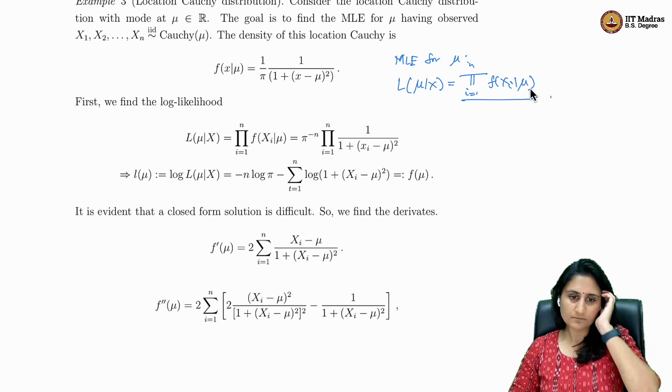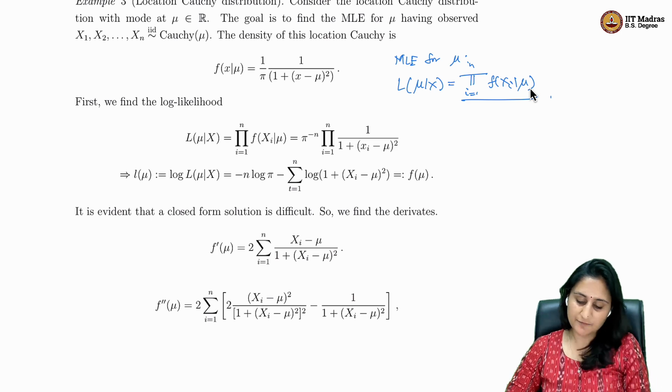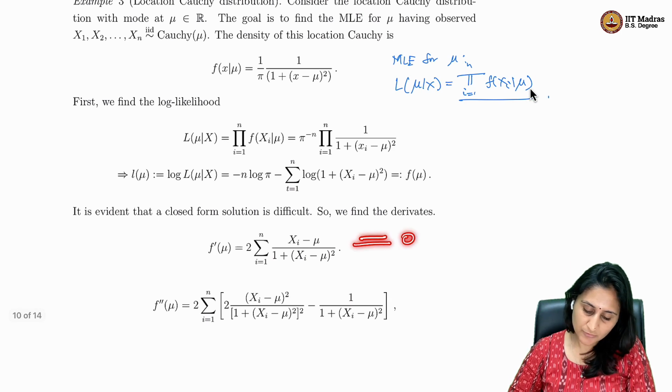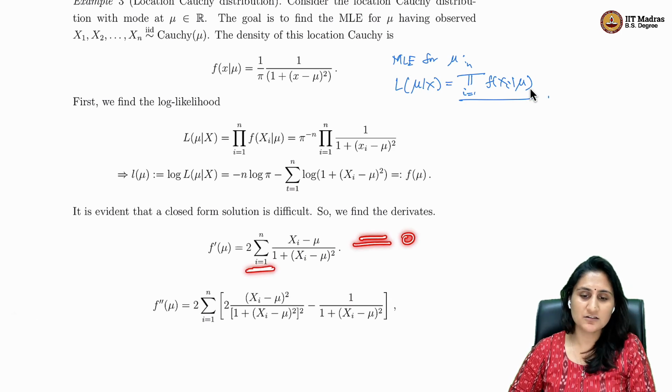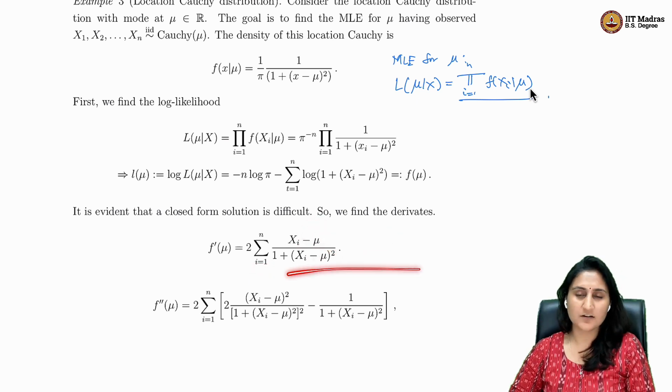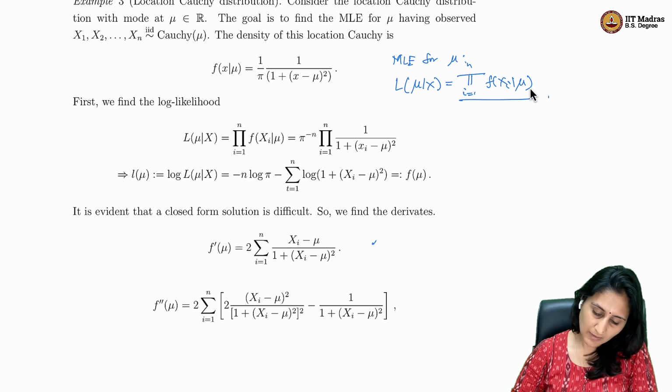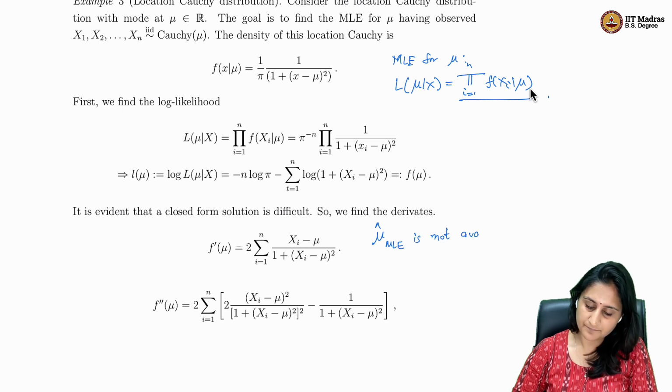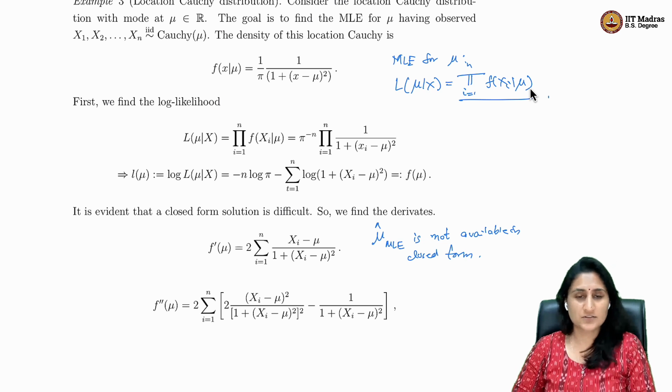That's simple. But if I set it to 0, because of the summation I can't isolate mu in order to solve for it. So mu at the MLE is not available in closed form, and hopefully that's not surprising.